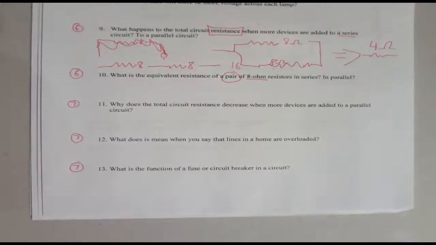All right, number 12, what does it mean when you say the lines in a home are overloaded? So remember, homes are in a parallel circuit. You wouldn't want it in a series because if something stops working, then your whole house shuts down. As you increase lines in a parallel circuit, it's like adding doors to a coliseum, you decrease resistance.